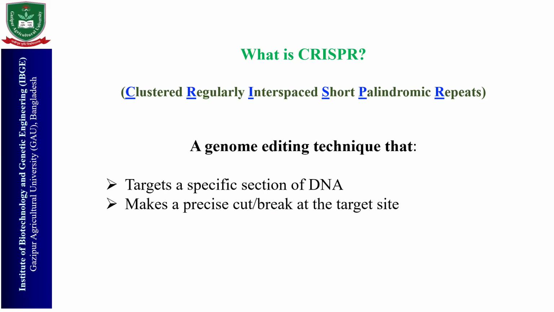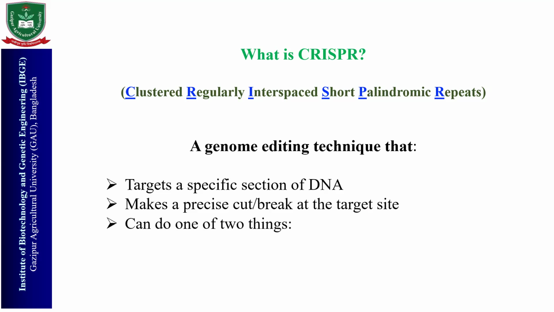So if double-stranded DNA is cut, DNA has an inherent mechanism to join it, and in that time, one or two nucleotides may be eliminated. If it is your target gene or coding region, that gene cannot be expressed. As a result, if it is a negative regulator of growth or disease, then you can get the organism free from that problem.